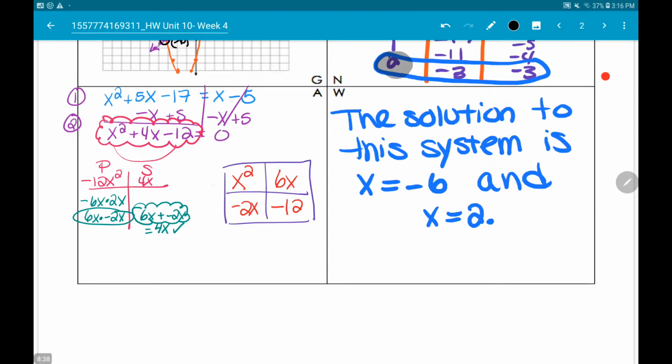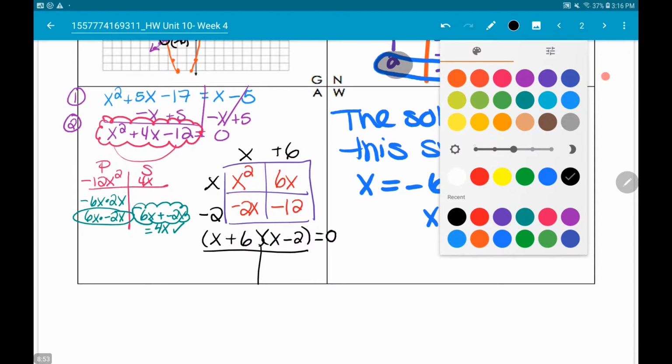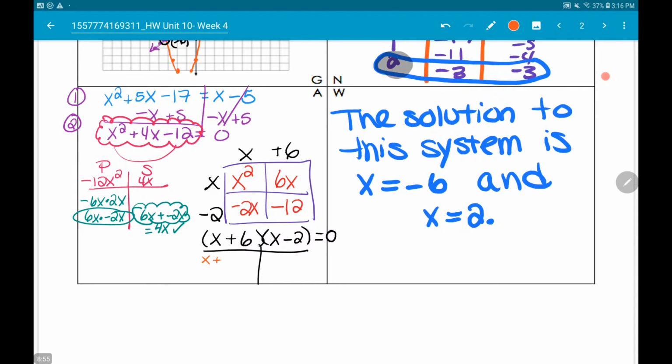Now we fill out the outside. So x times x gets us x squared. x times 6 gets us 6x. And this would be negative 2. All right, I set this equal to 0, and I create my mini equations. x plus 6 equals 0, x minus 2 equals 0.